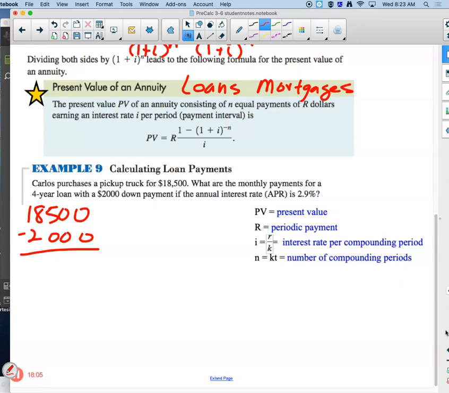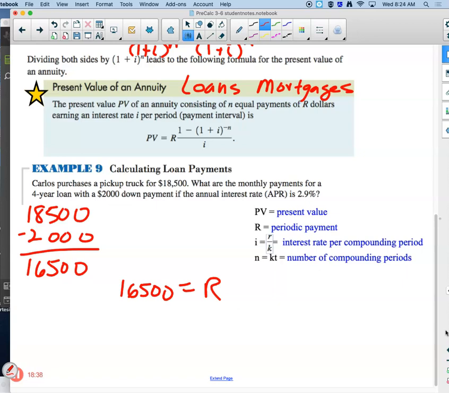He made a $2,000 down payment, so Carlos has to finance $16,500. That is what we put on the left-hand side for present value, because that's what he's going to owe when he drives away. But of course, there's interest that he has to pay on that and all that good stuff. So we want to know what those payments would be, and that's R, the periodic payment.